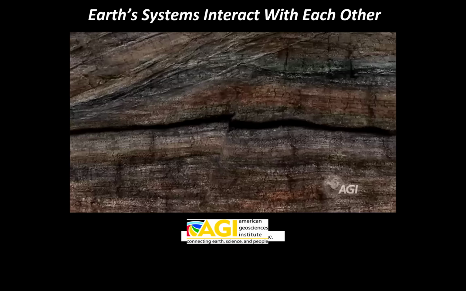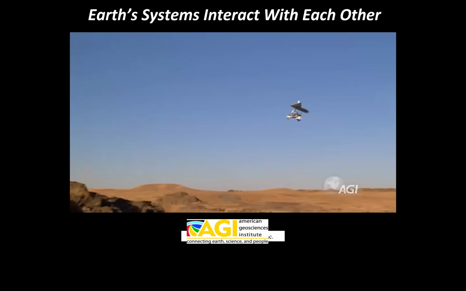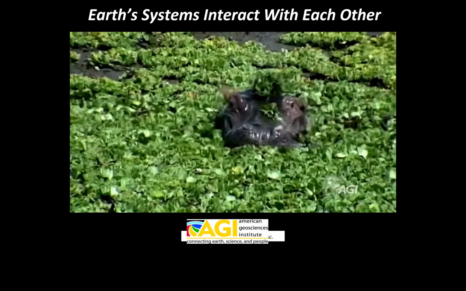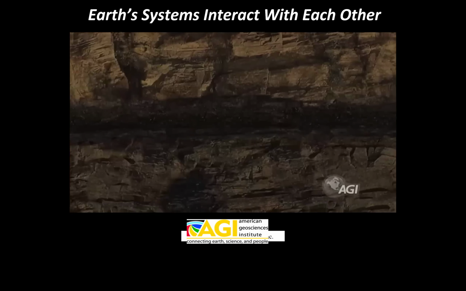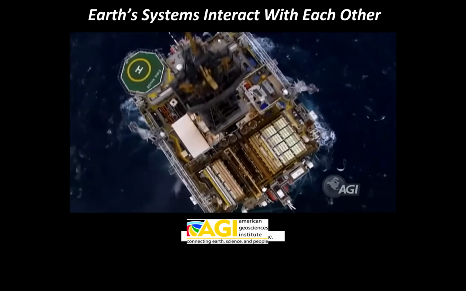Carbon, in large amounts, constantly cycles within Earth's systems of rock, water, air, living things, and what we call the fossil fuels of coal, oil, and natural gas.